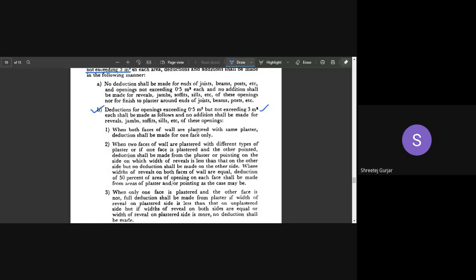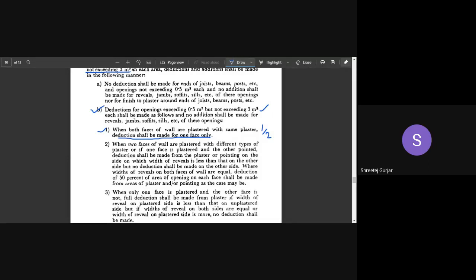When both faces of the wall are plastered with the same plaster, deduction shall be made for only one face. In cement plastering, we use the same cement externally and internally, so we deduct for only one face. That is 1 by 2, half, or 50%, as given in this code.